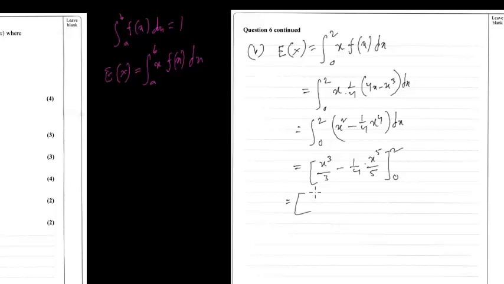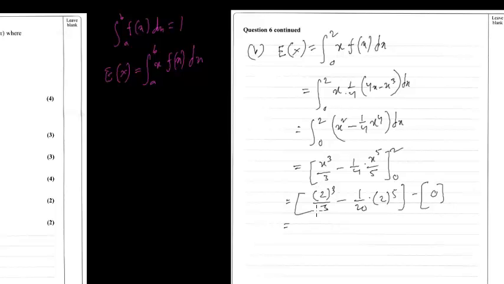So that would be, if you put here 2, this would be 2 cubed by 3 minus this would be 1 by 20, this would be 2 to the power 5, minus if you put 0 here and 0 here, it would be 0 completely.